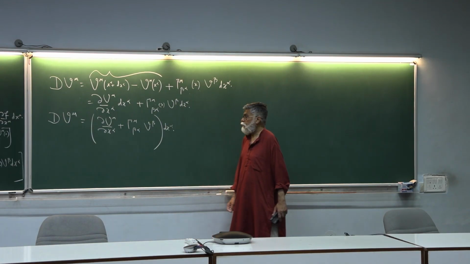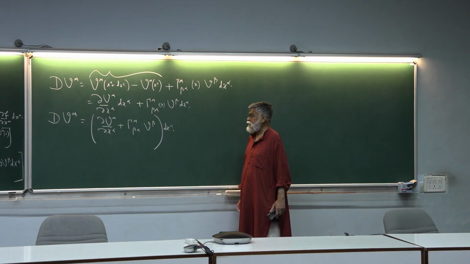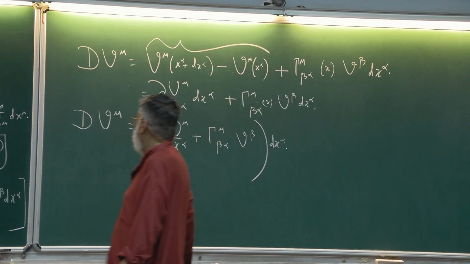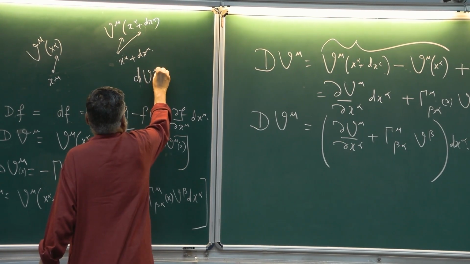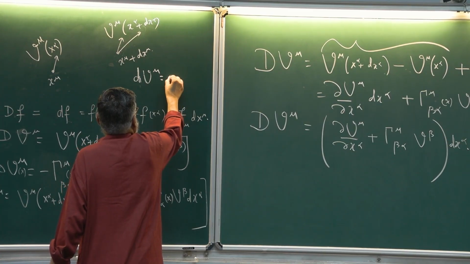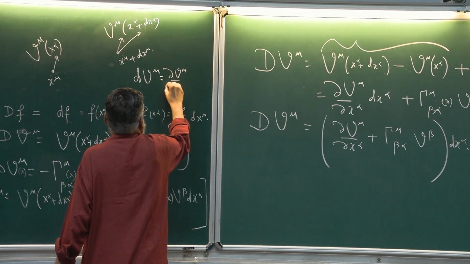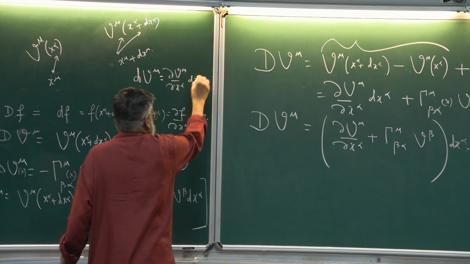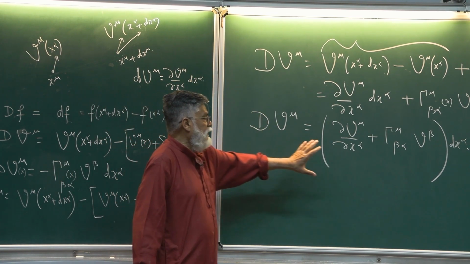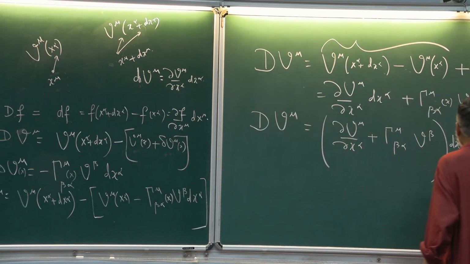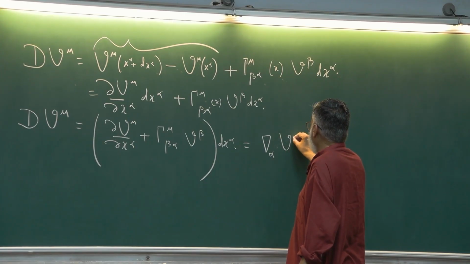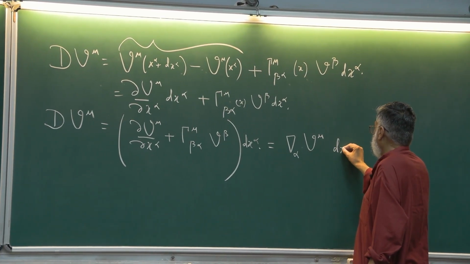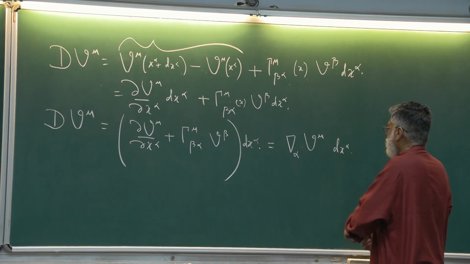Just like ordinary differential dv mu is nothing but the partial derivative del v mu by del x alpha dx alpha, here we find D v mu is this quantity times dx alpha. This object is called the covariant derivative, just like it's del v mu by del x alpha. I'll introduce a symbol for this. This is just a symbol.